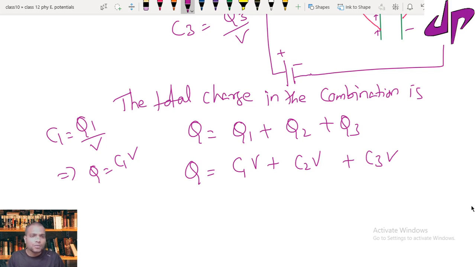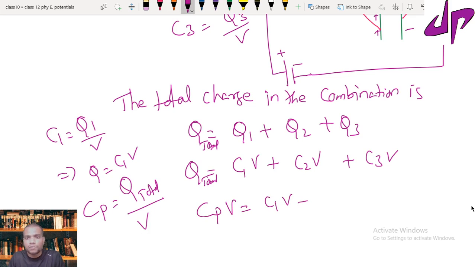For the parallel combination, the resultant capacitance Cp is the total capacitance for the parallel combination, which is the total charge on the three capacitors upon the potential difference V. Rearranging, capacitance Cp times V equal to C1V plus C2V plus C3V.